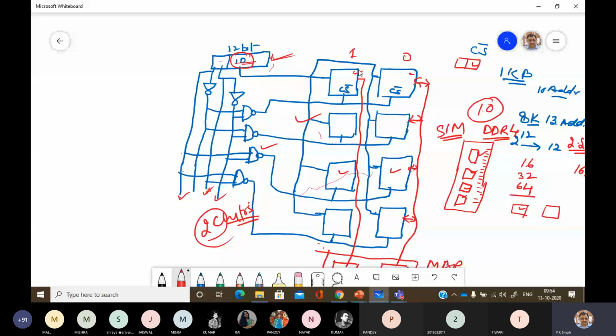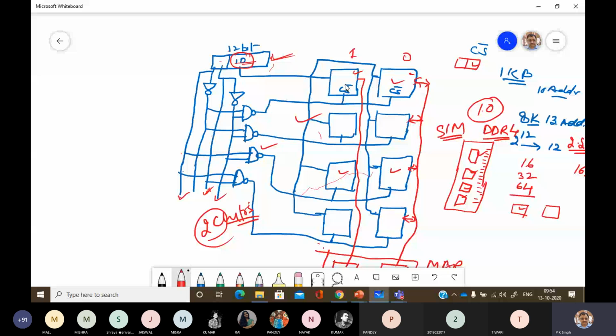Now you have to impose a mechanism to make only this chip active so that the content of this chip may be written onto the bus. In this way you can read the information from the even memory bank.